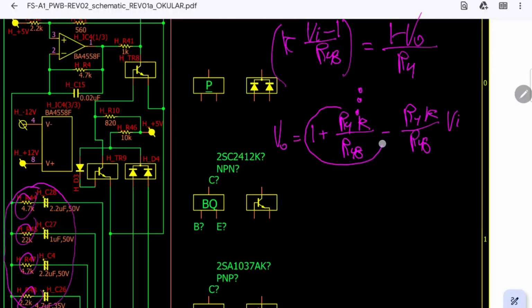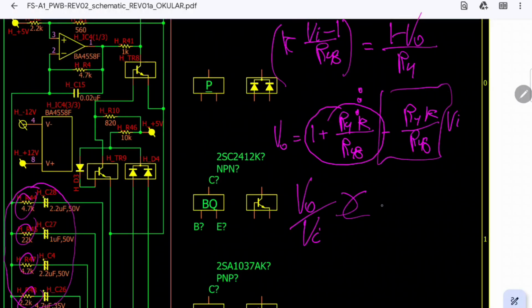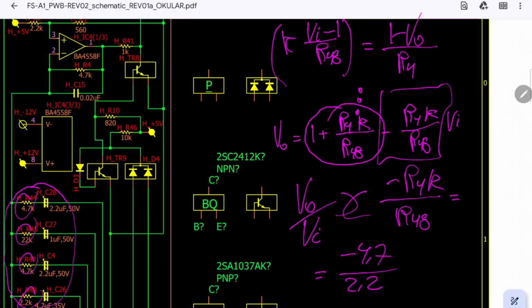VI. Notice here, it's a constant. I'm not interested in the constant at this moment. I'm just interested in the proportionality between VO and VI. And we can see that VO divided by VI is proportional to this quantity, which is minus R4K over R48, which is minus 4.7K over 2.2K, which is approximately minus 0.5K.